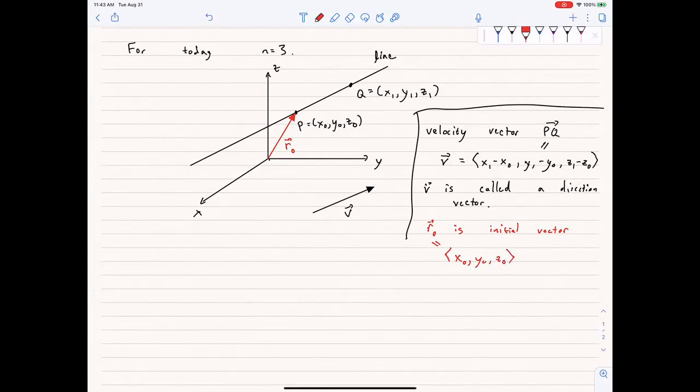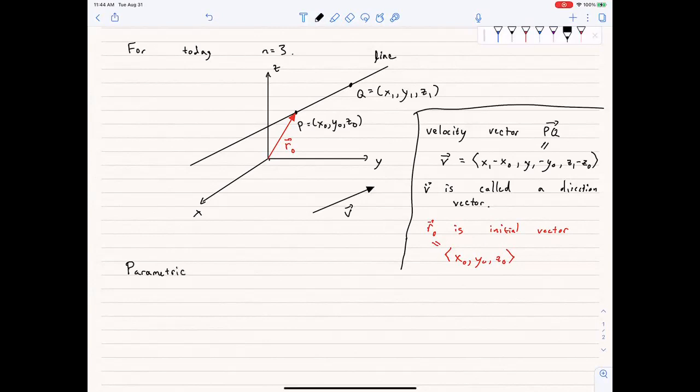Okay, so I've got a couple of vectors now. I've got my starting point and I've got my velocity vector. And really, if I want to know where I am at time t on my line, I just have to multiply my velocity vector by the amount of time and add it to R naught. That will tell me how far I've gone and where I am on the line. And this is exactly what you get for the parametric equation.